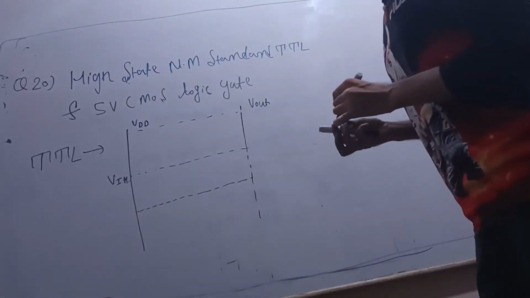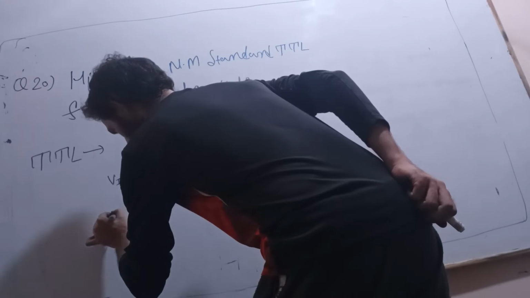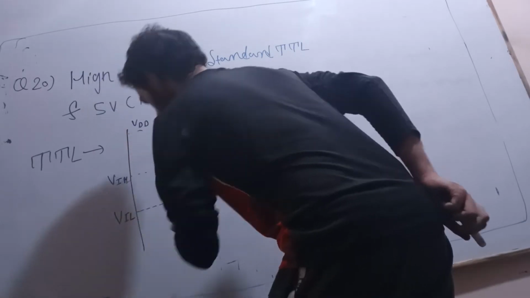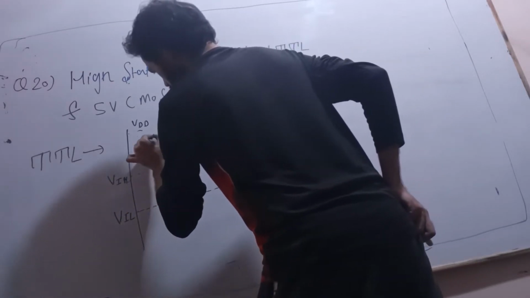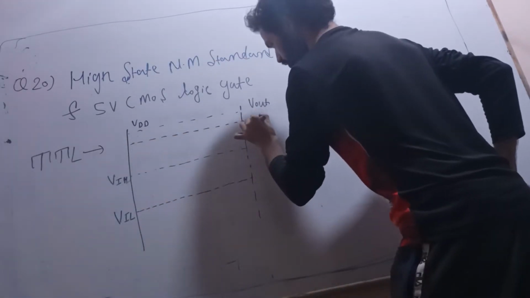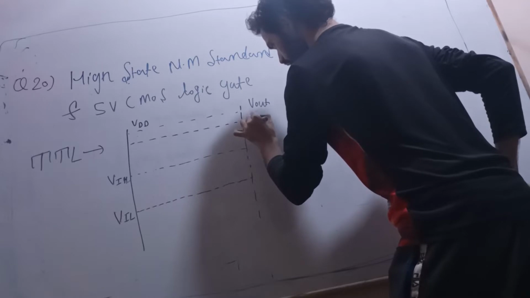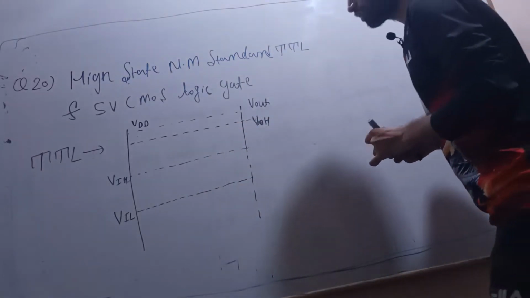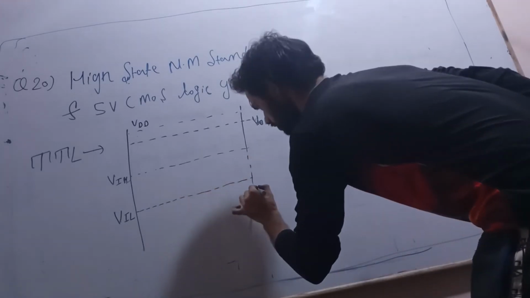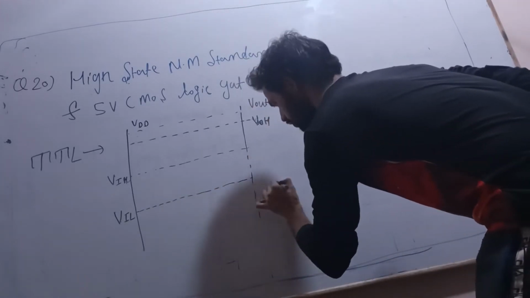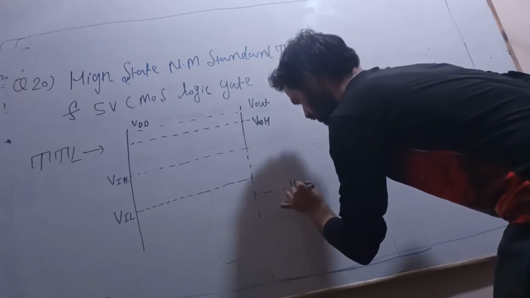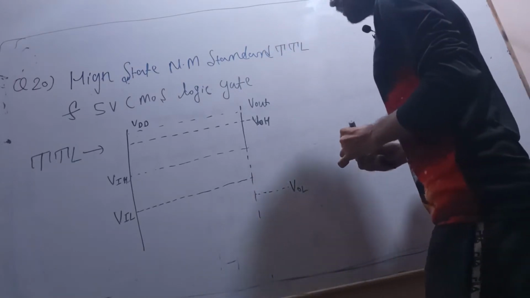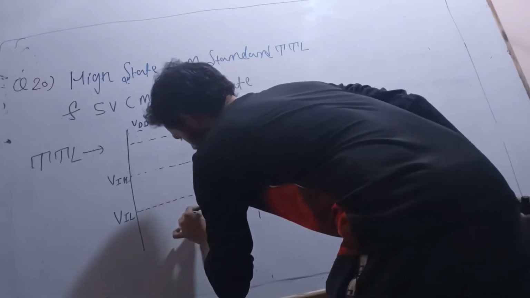Here is VIL, and somewhere here is my VOH, the maximum high output. And here is my VOL.